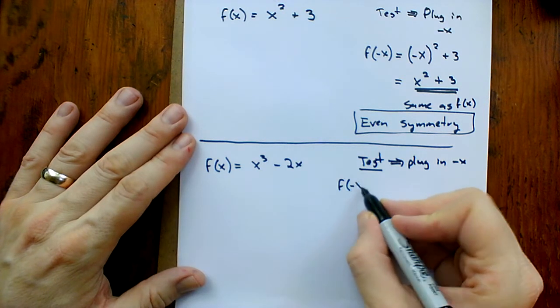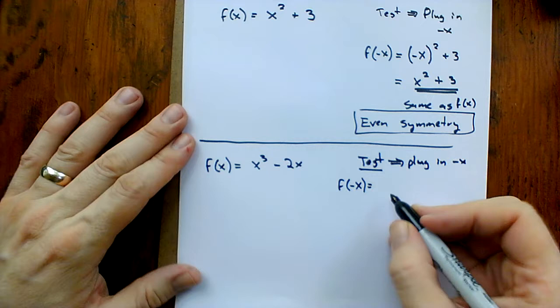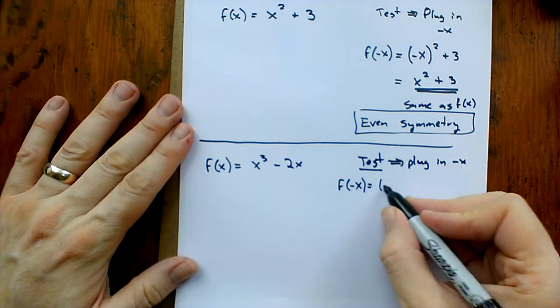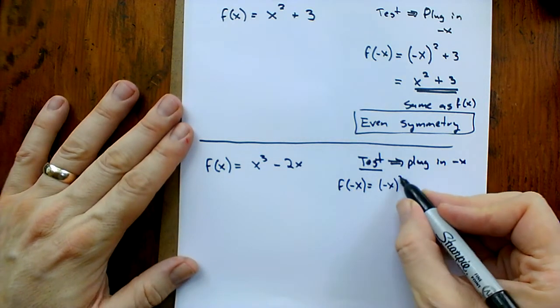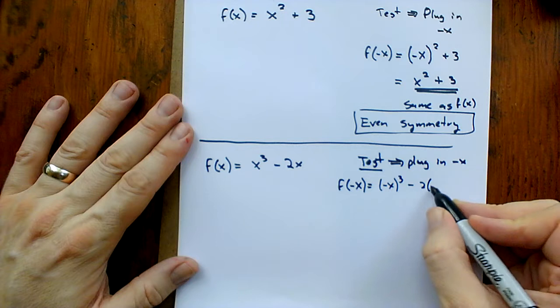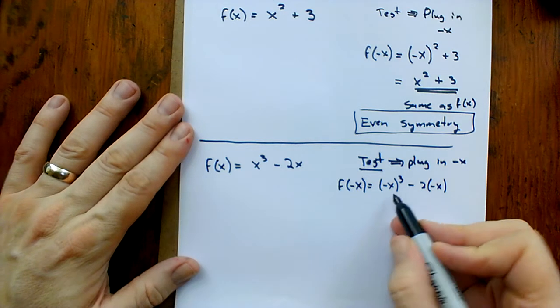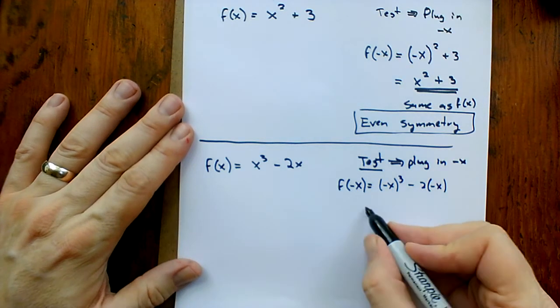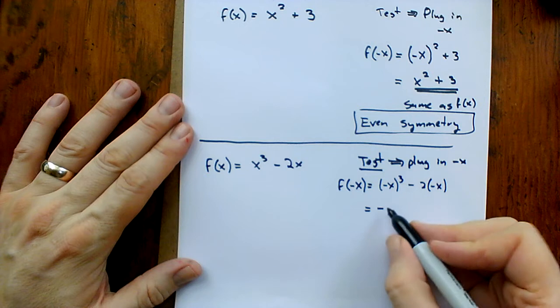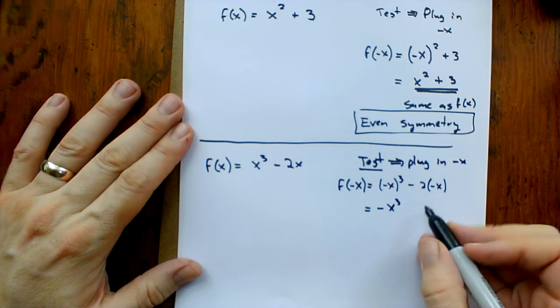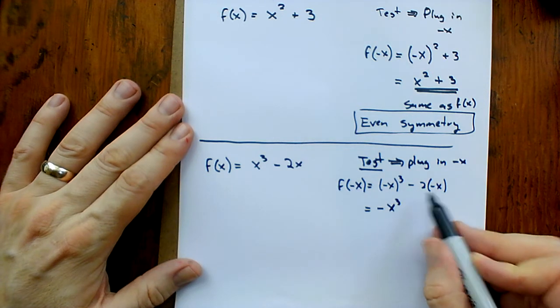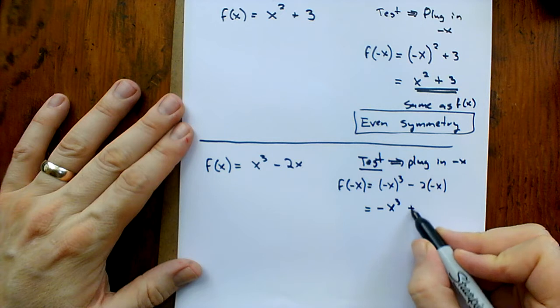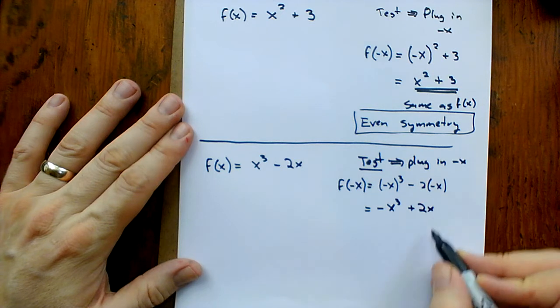f of negative x is going to be negative x cubed minus 2 times negative x. Well, negative x times negative x times negative x is going to be the same thing as negative x cubed. Minus 2 times negative x is a little bit like saying plus 2x.